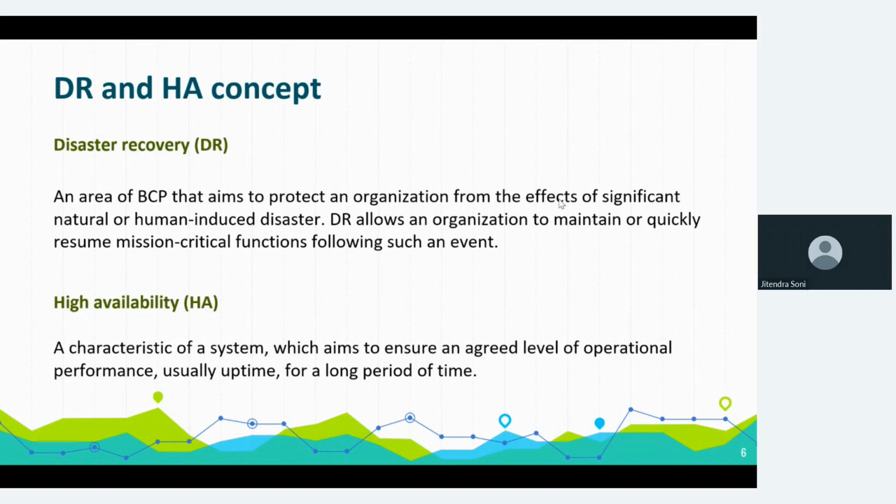The second is high availability. You might have seen that on Azure resources, you would see that this resource is available with a 99.9 commitment as an SLA. These are the high availability resources. With the combination of HA and DR, we usually define the business continuity plan.